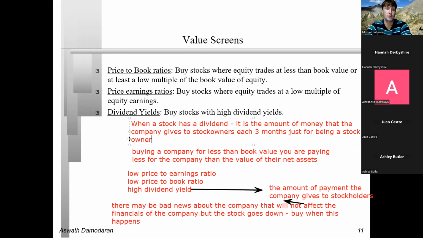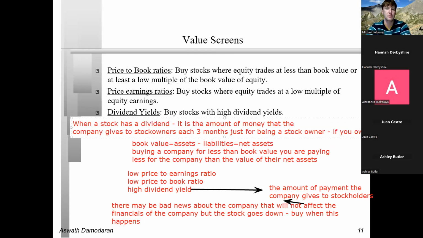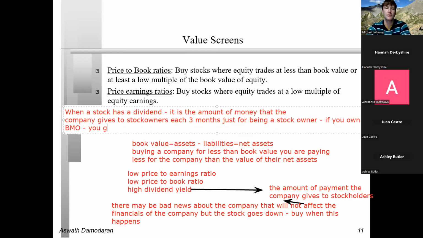So for banks in Canada, if you own BMO, for example, you get a 5% dividend per year from BMO if you own the stock.